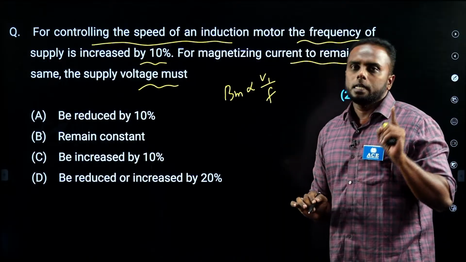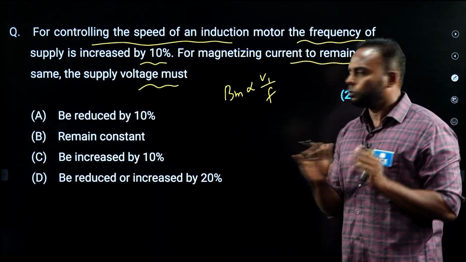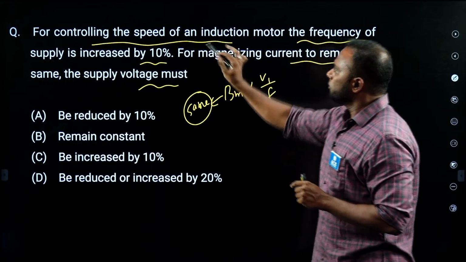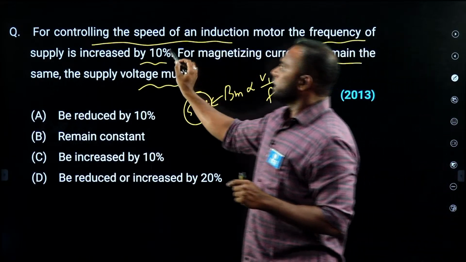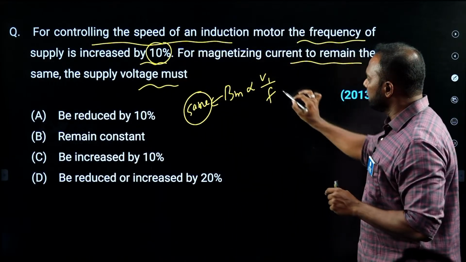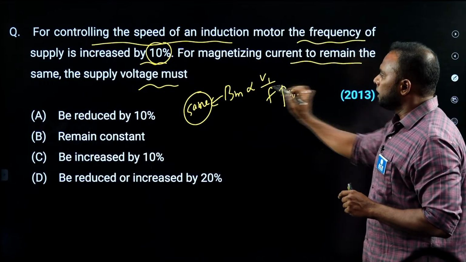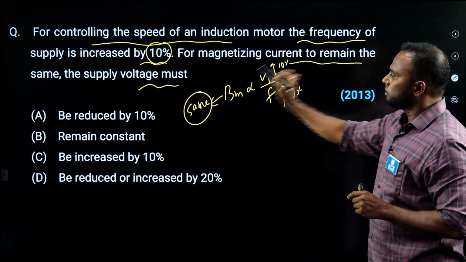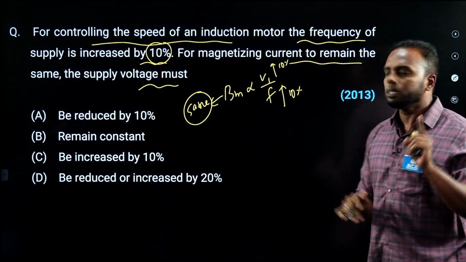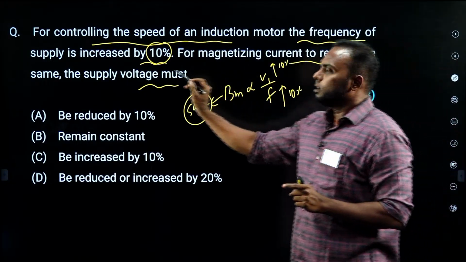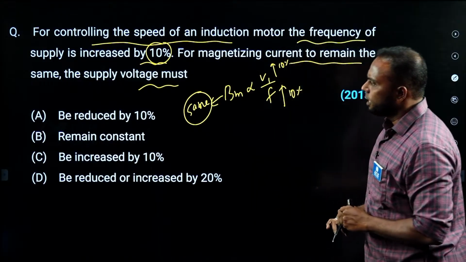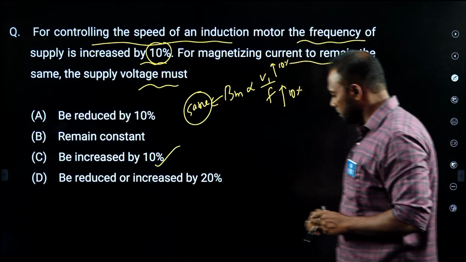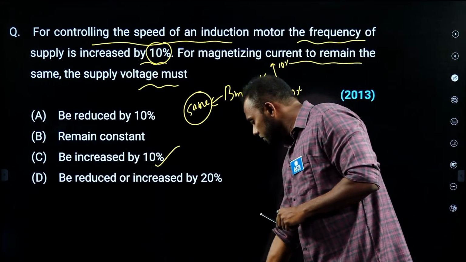To have the same magnetizing current, the flux density should remain constant. Frequency is increased by 10%, so if you increase the voltage also by the same 10%, then the magnetizing current remains the same. So the voltage must be increased by 10%, right? Next question.